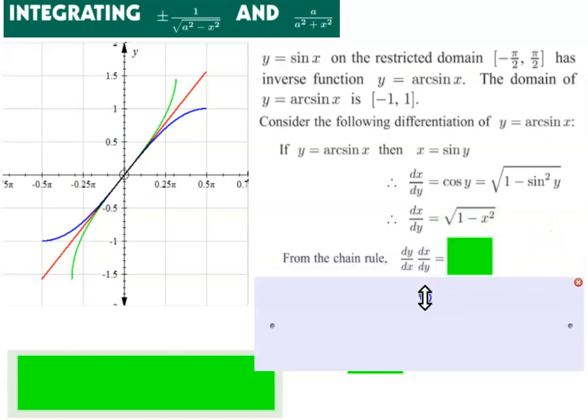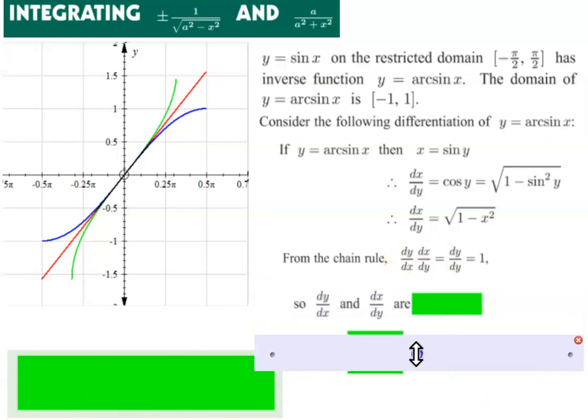Now, the chain rule you have seen in your math methods: dy on dx and dx on dy are not fractions, but they in fact function as fractions, and that would simplify to give us dy by dy, which is equal to 1. Which would therefore mean that dy by dx and dx by dy are in fact reciprocals, because they multiply together to give us the result of 1.